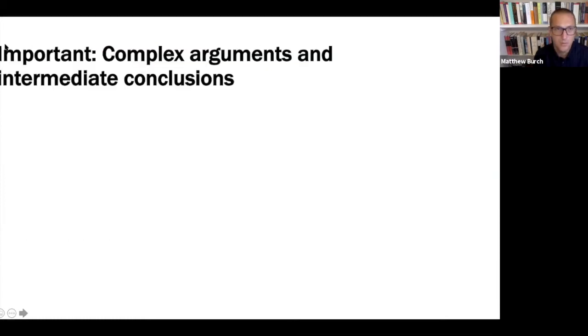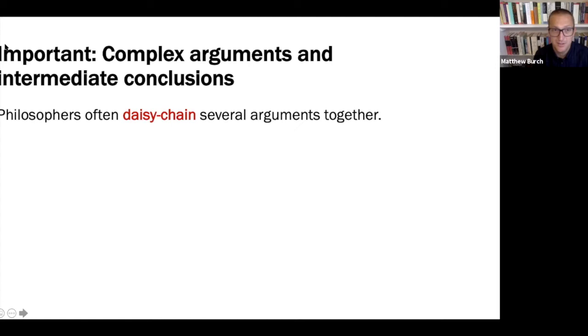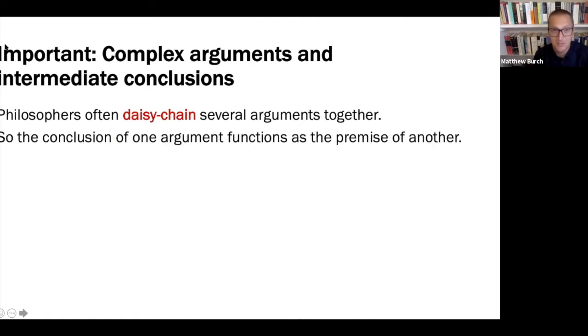Okay, one important and rather complicated feature of step one is when you're dealing with complex arguments that have intermediate conclusions. This happens a lot because philosophers tend to daisy chain several arguments together, and that means that the conclusion of one argument will end up functioning as a premise in another argument.